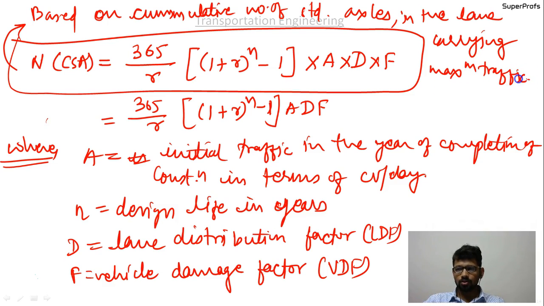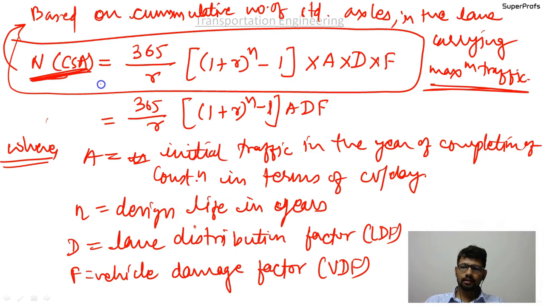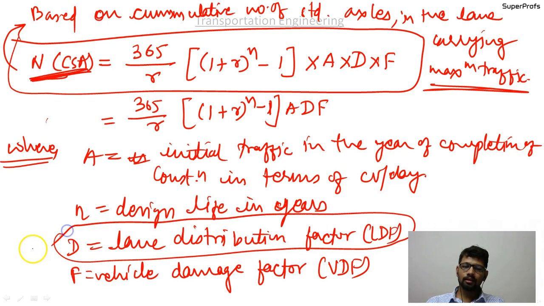So this n value that we find out is for one particular lane, that is the critical lane, the lane having the maximum traffic. But we need to use this lane distribution factor because there is a chance that the vehicles keep on shifting the lane. Not necessarily that they are going to continuously remain in this lane which we have considered as the critical lane. So this complete method is based on the cumulative number of standard axles in the lane carrying the maximum traffic. I should have mentioned this earlier.